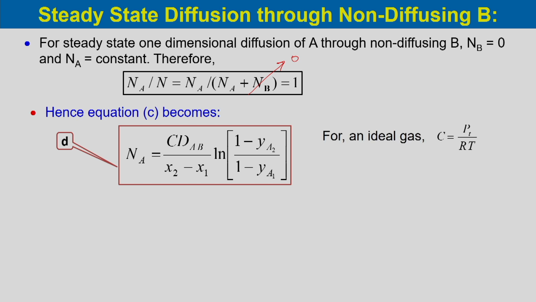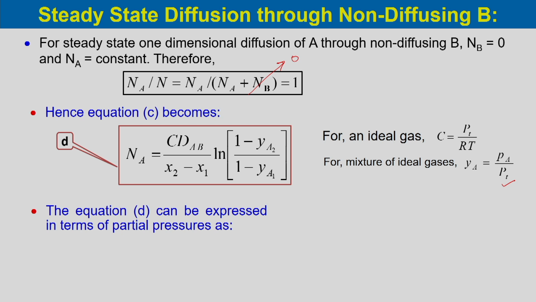For an ideal gas, we can write concentration would be equal to total pressure Pt divided by RT. R is the universal gas constant and T is the temperature. For a mixture of ideal gases, the mole fraction YA in the gas phase can be expressed as the partial pressure of that component divided by the total pressure.